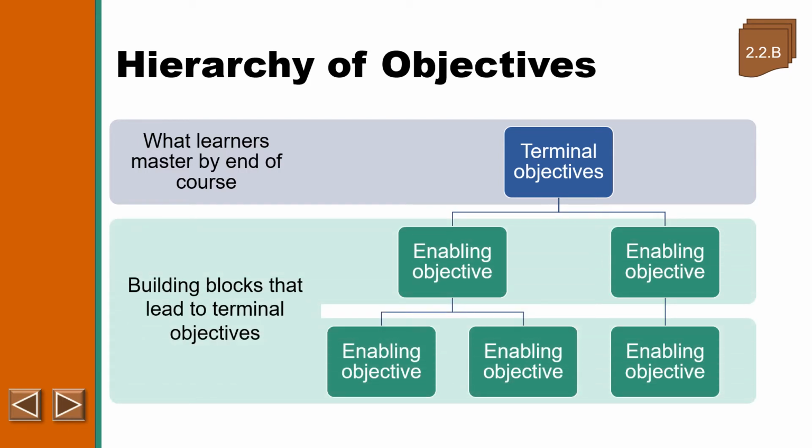The enabling objectives are those building blocks that lead to the terminal objectives, and they're written in the same way, but they're kind of at the more micro level, and since they're the building blocks, essentially once they are completed, the students would be able to complete the terminal objectives.